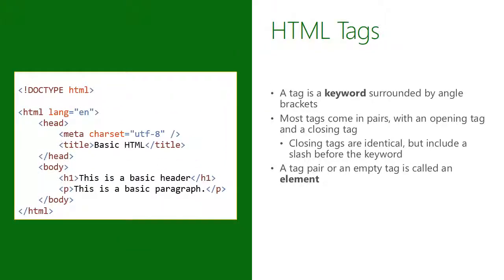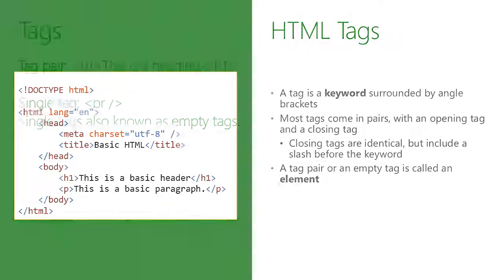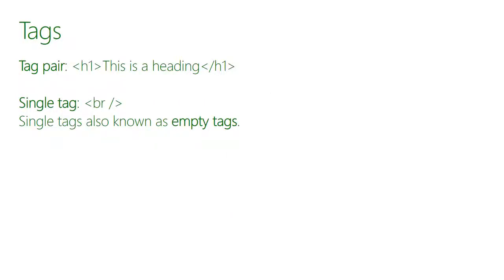Here we basically see the same example we saw a couple of slides ago, and you can see a number of elements or tag pairs within this example, such as body, H1 and P. The first example there is the H1 tag with some text between the opening and closing tags, and then we have a single tag which is break.